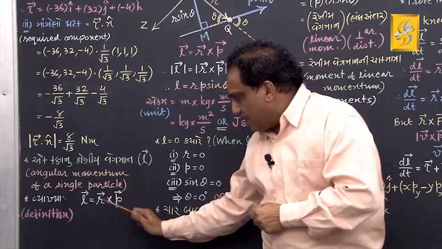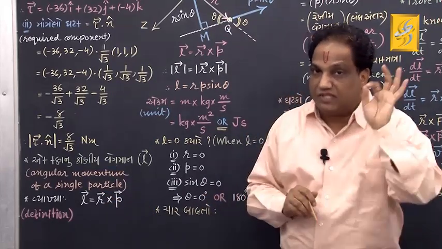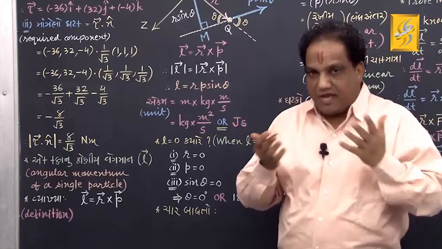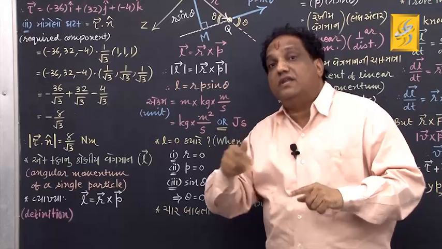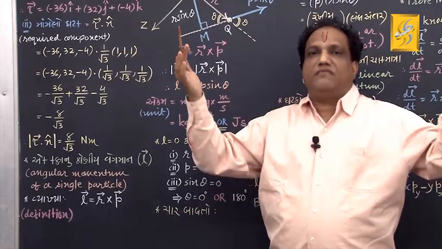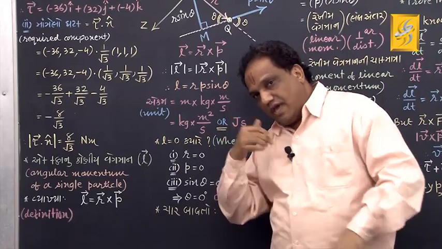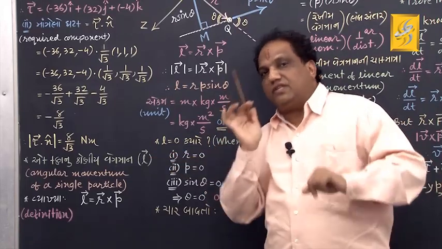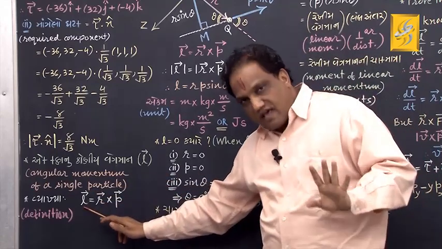If vector r is the position vector of a given particle with respect to a given reference point, and if vector p is its linear momentum, then a vector product, vector r cross vector p, is called its angular momentum with respect to that reference point, shown by symbol vector small l.